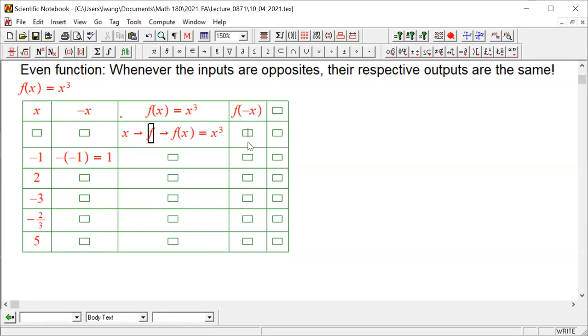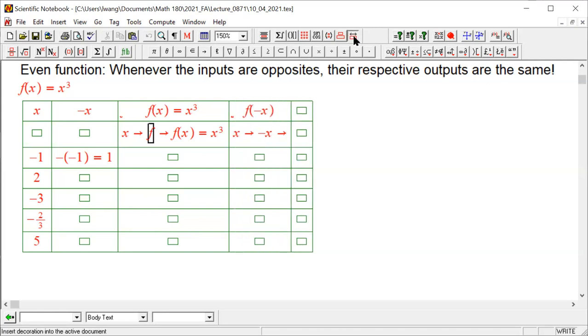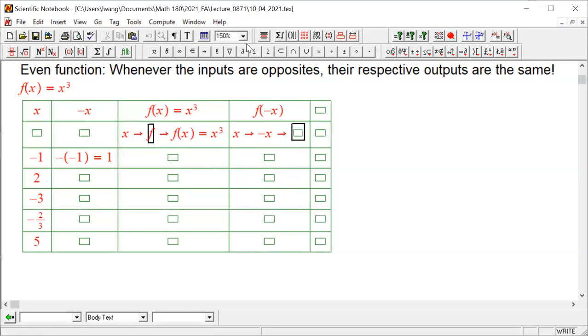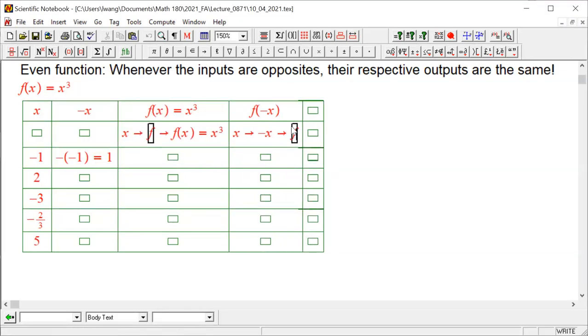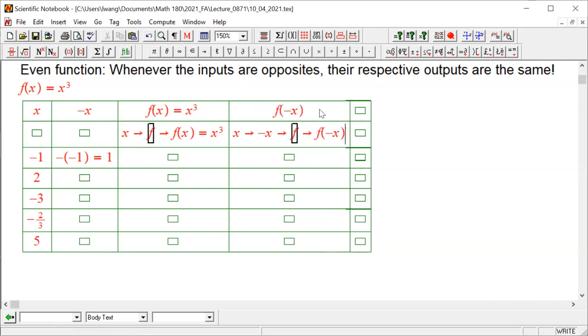And for this other one, of course, you're going to have x, and then you have a negative x, which is the opposite, and then apply the rule of the function, and you get f of negative x. So that's the process we're working with.